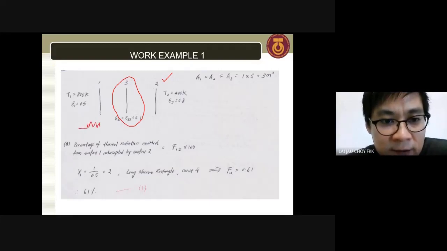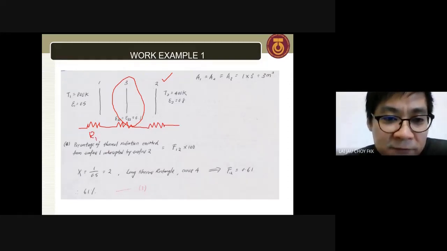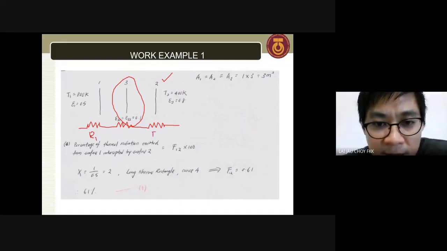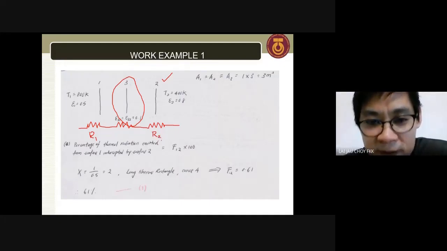1, 2, and 3. So R1 is the surface resistance of surface 1. Then here is R2, surface resistance of surface 2.